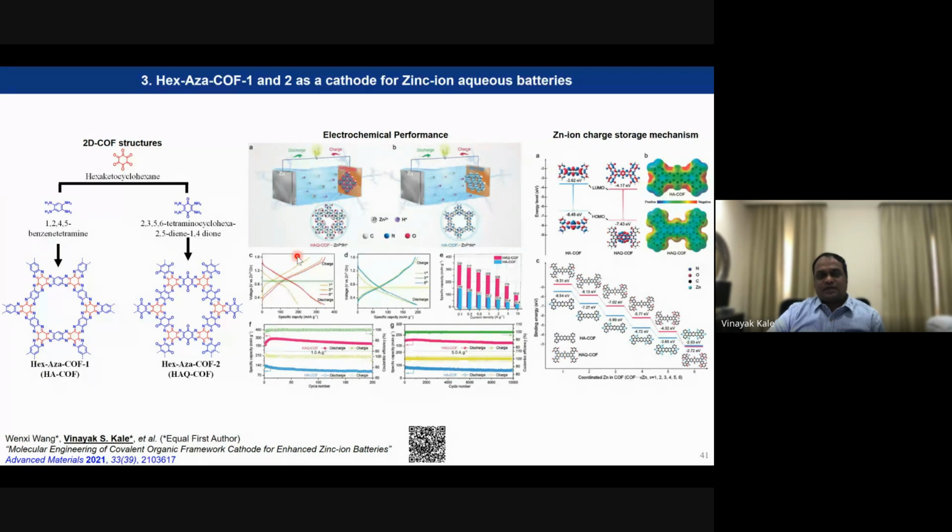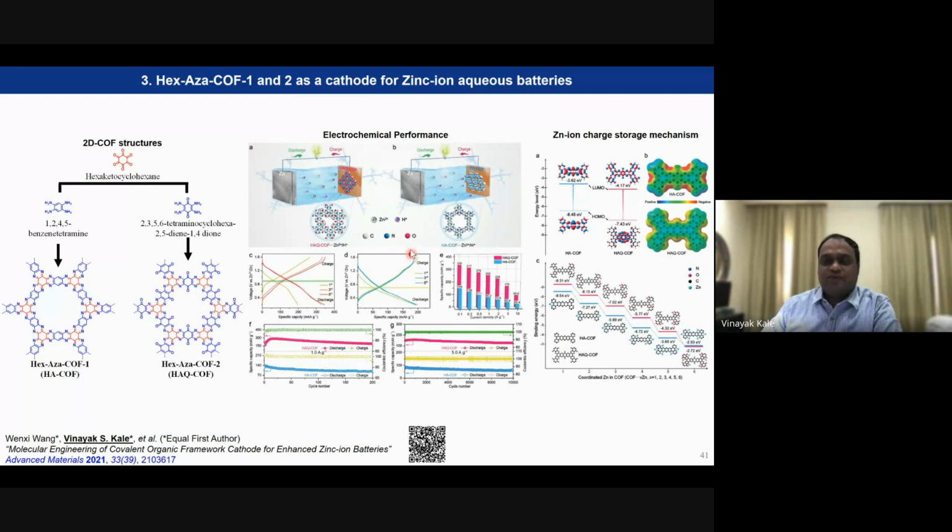And as we expected, we applied these two COF materials as an electrode, as a cathode for zinc ion battery. And as we expected, we see that this quinone and nitrogen, these two redox active sites, can enhance the performance of the battery. And you can see in this graph C, the performance of this COF2 is much better than the COF1.